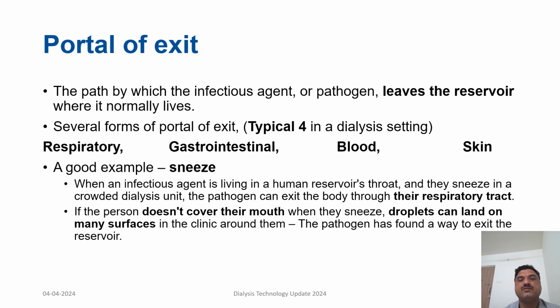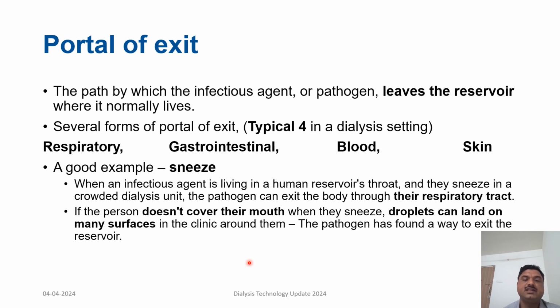The first thing that occurs during the process of infection is the portal of exit, where the infectious agent or pathogen leaves the reservoir. The modes of exit include predominantly four: respiratory, gastrointestinal, blood, or skin. For example, if a person harbors an infectious agent in his throat and sneezes in a crowded dialysis unit, the pathogen can exit from that reservoir through the respiratory tract.